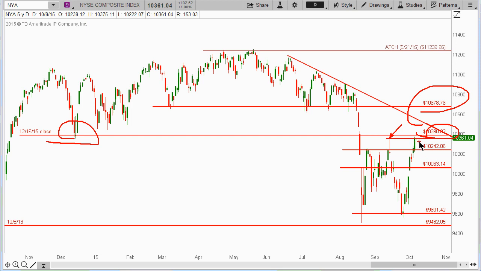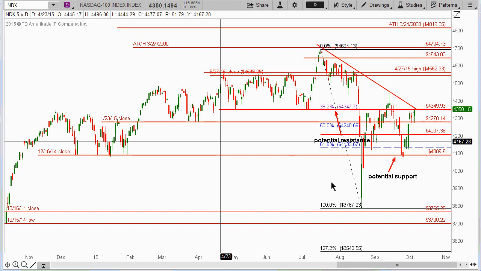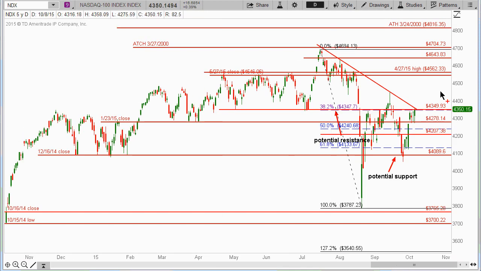Okay, and if it pulls back, then it will probably pull back to this 10,063. Okay. And then the Nasdaq 100 is kind of weak, because you can see it's only up 0.39%, while the other indexes, such as the Industrial, are up 0.8%, and the S&P 500 is almost 0.9%.